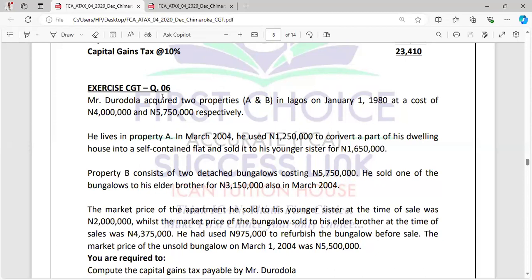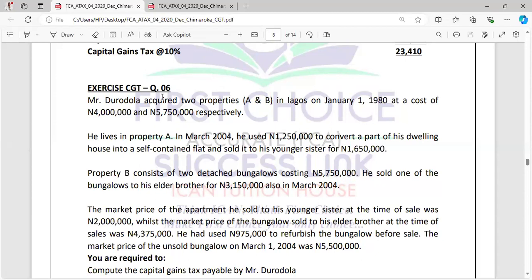Now look at the next part. The market price of the apartment he sold to his younger sister at the time of sale was 2 million. Okay, so he sold to the younger sister for 1.65 million, but the market price is 2 million. That 2 million market price and the 1.65 million market value sold, they are not useful for us. So as we are checking, you just be checking them back.